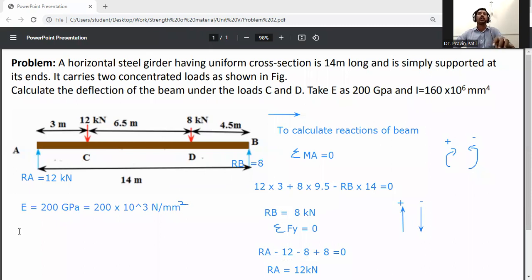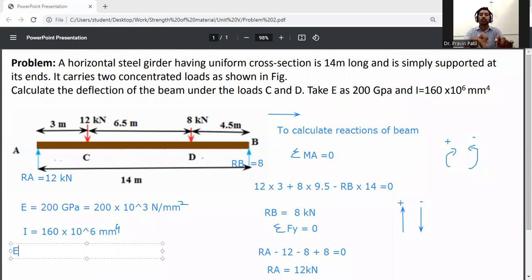Next, the moment of inertia is given. I is equal to 160 into 10 raised to the power 6 mm raised to 4. So we need to calculate the EI value.